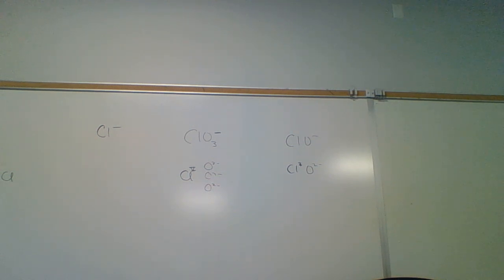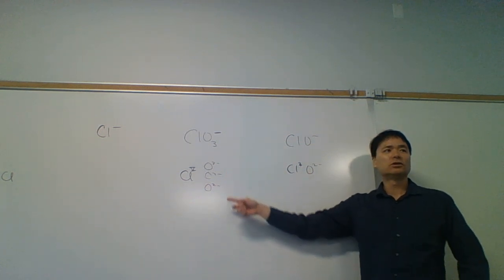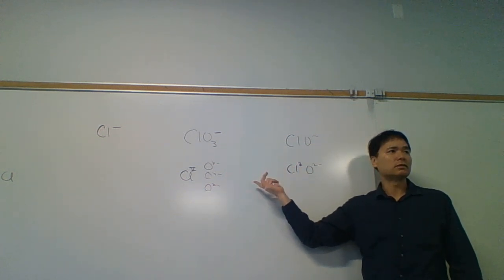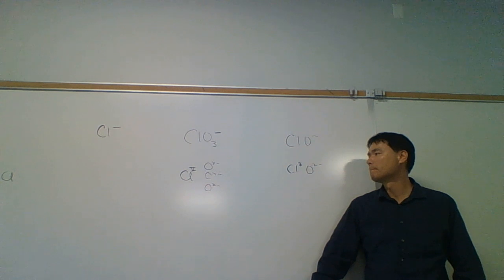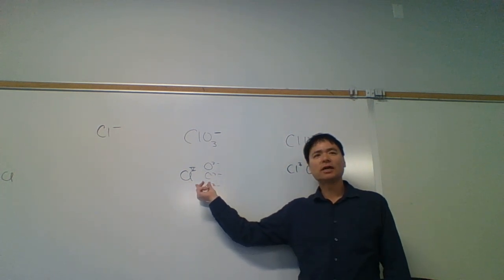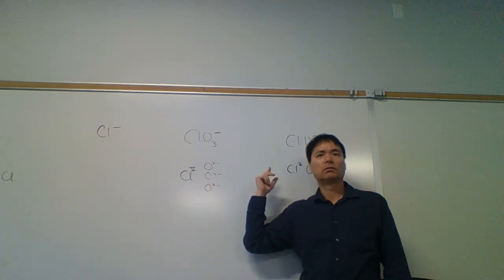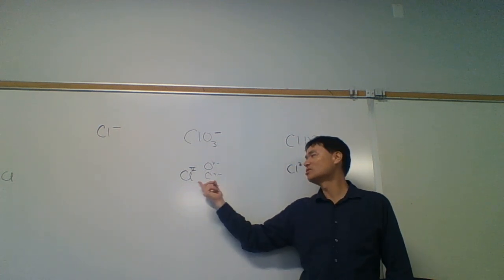All these want 2 electrons, these want 3 electrons, these want 4 electrons. And so oxygen wants 2 electrons. When we look at oxygen over here, how many electrons does it have? 2 electrons. And that means that if oxygen doesn't want the electrons, who's taking the electrons? It would be chlorine.